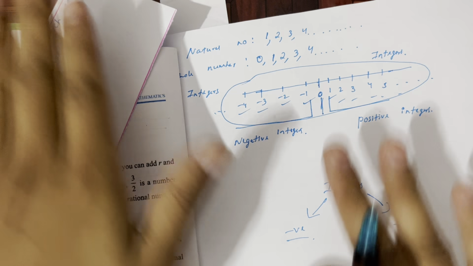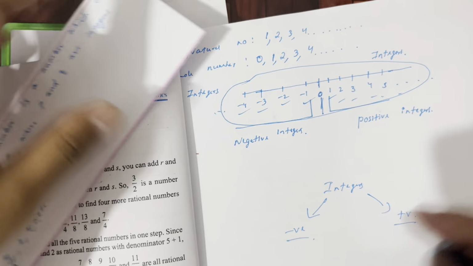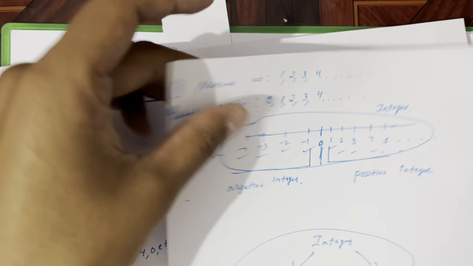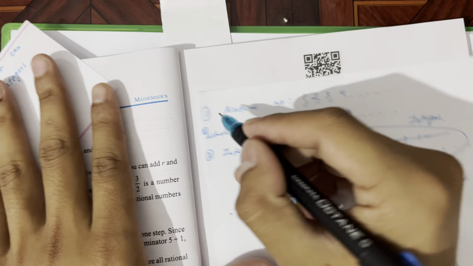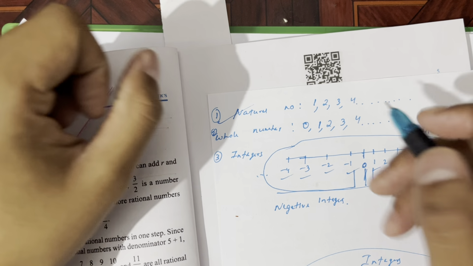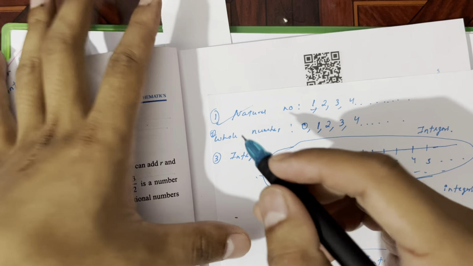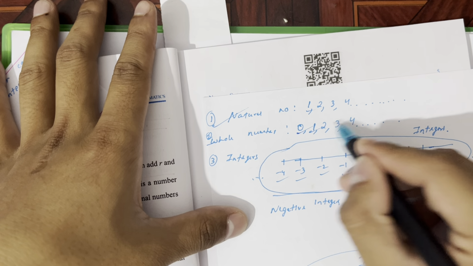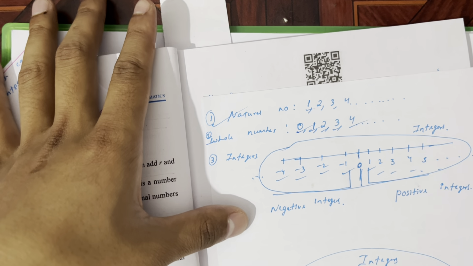Clear? Then next, rational number. This is the basic thing we have to learn. Make sure: natural number is a number counting from 1, 2, 3, 4. Whole number is a number starting counting from 0, 1, 2, 3, 4, 5 and then continue on.